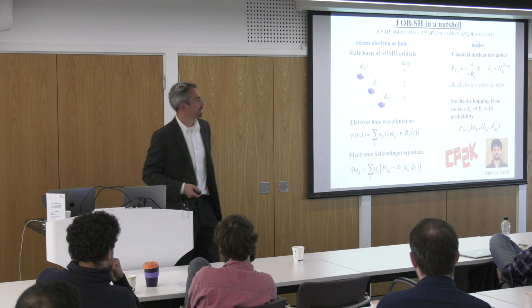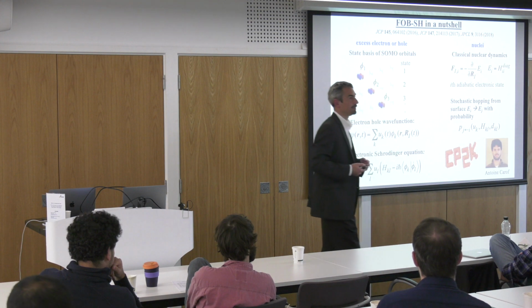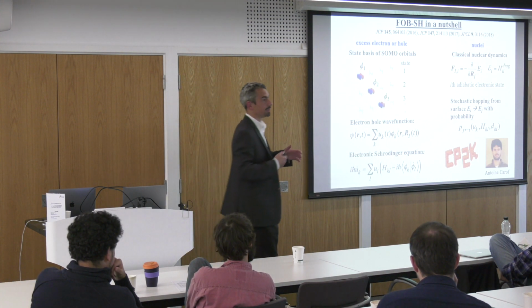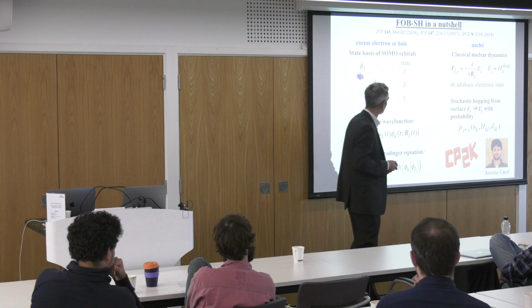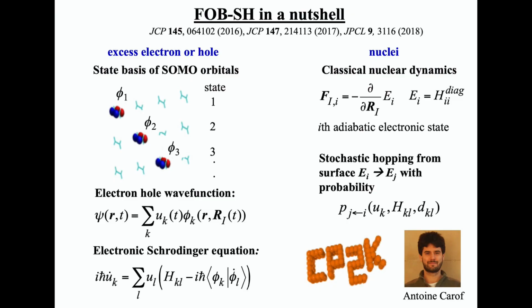So this basically tells us how much nuclear motion couples to the electronic transitions between different electronic states. So this is what we propagate in time, and this will give us the time-dependent hole or excess electron wave function.